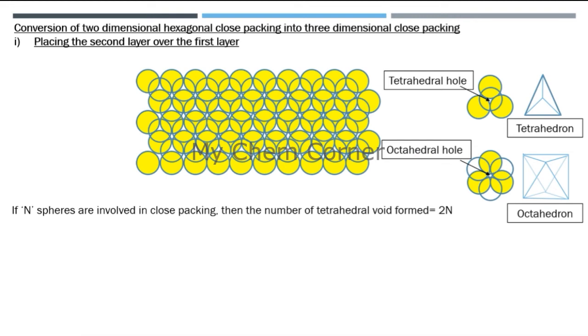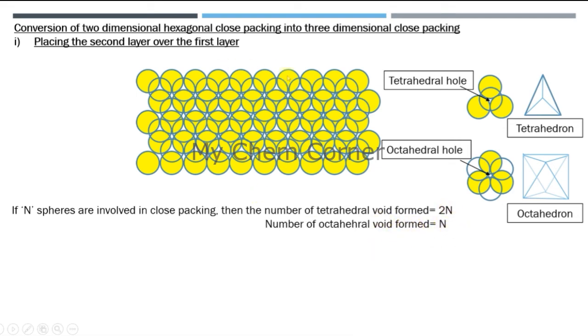Now if you're looking at the total number of octahedral and tetrahedral voids, say in the entire close packing I have n spheres, we don't know the exact number, so we're just calling it n spheres. If n spheres are there in the close packing, then the total number of tetrahedral voids will be 2n, double the number, and the number of octahedral voids will be only n.